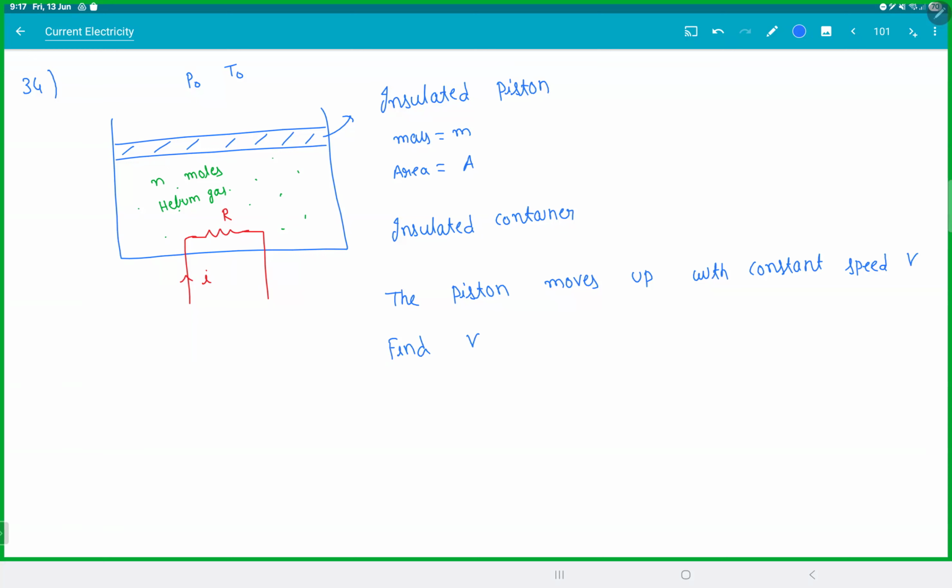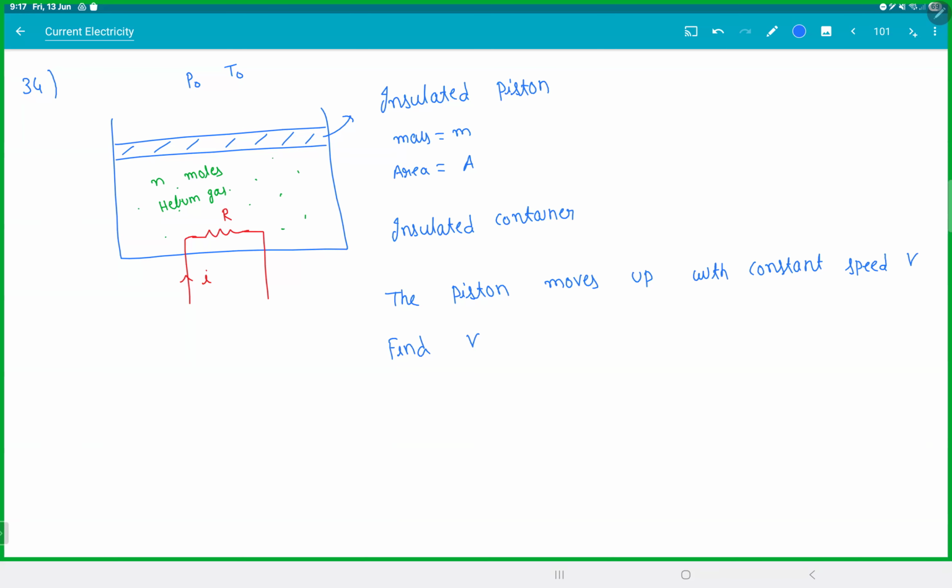Find V. Like I said, it is more of a thermodynamics question. The only thing you did was I square R. Once you remove that, current is done. Try. You got 3-4 minutes.